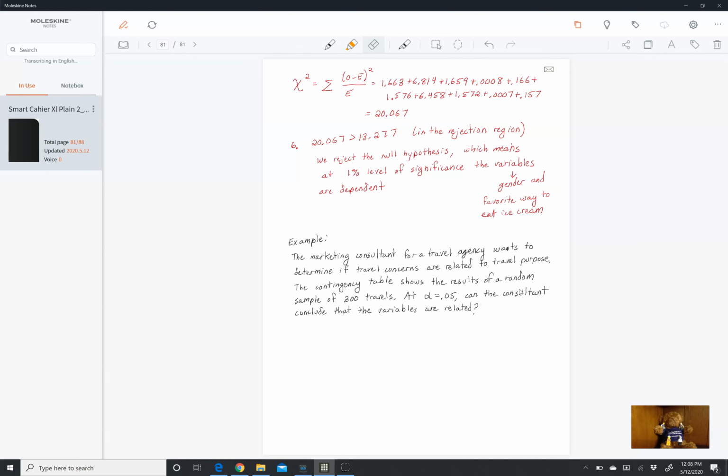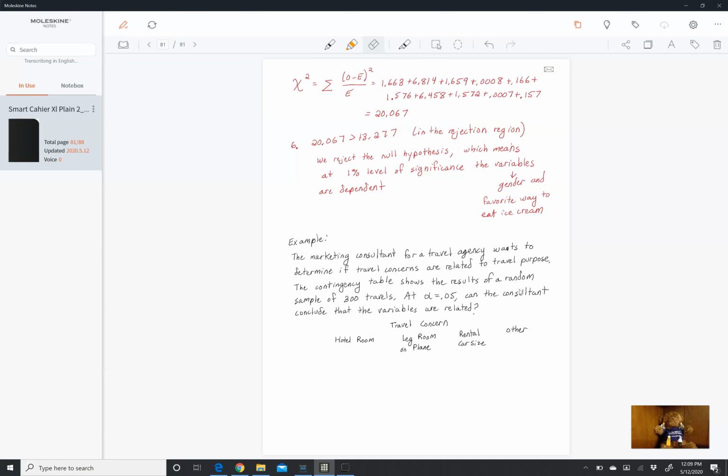First of all, you have your travel concern. So the different concerns are a hotel room, leg room on a plane, rental car size, or some other problem. Okay.